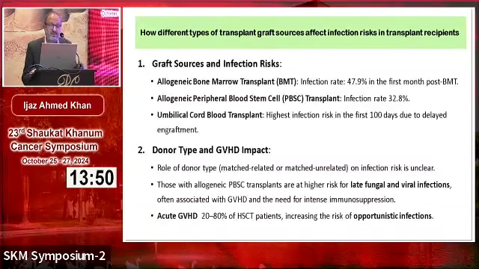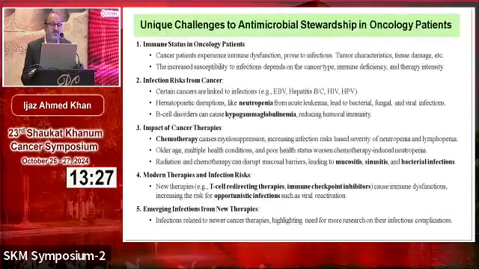Donor type and graft versus host disease impacts are also different. And there is a definite role for this. And there is a high risk for late fungal and viral infections, which we have talked about as well. Acute graft versus host disease carries a 20 to 80% increased risk of opportunistic infections.